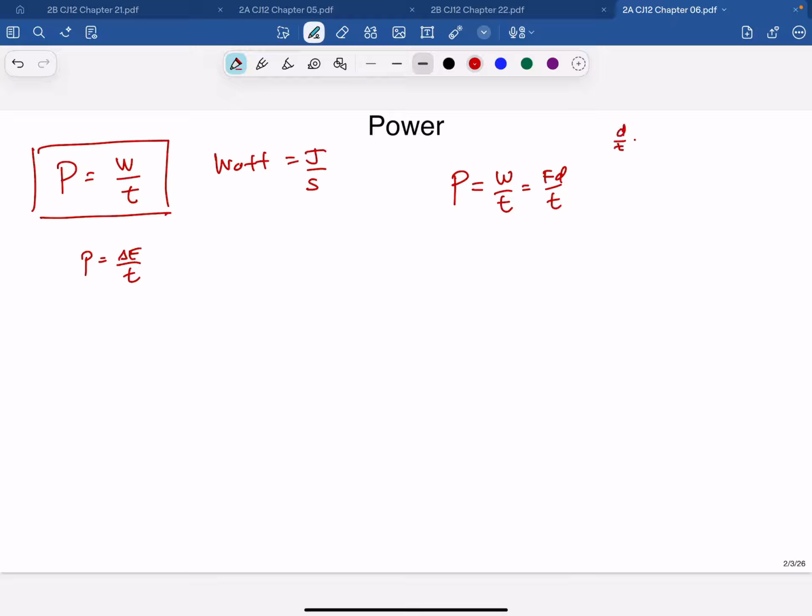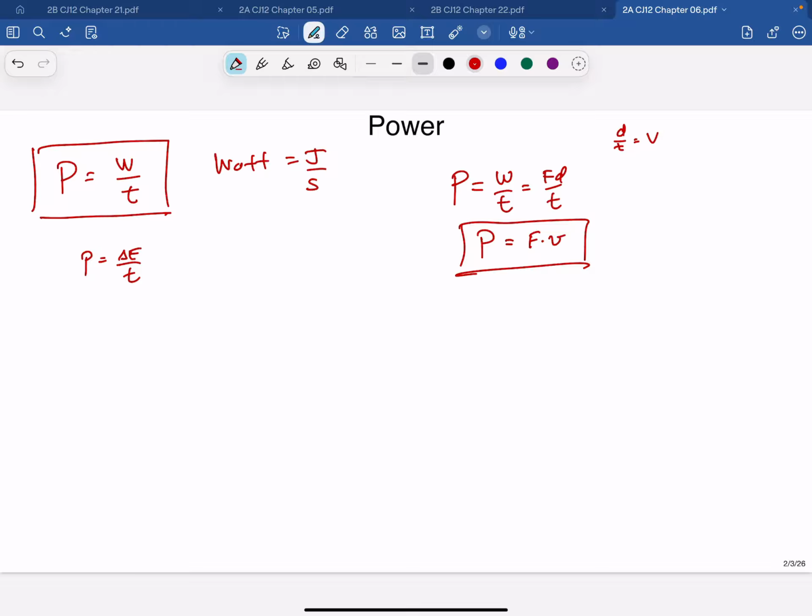It's a velocity, isn't it? So another way to write power is force times velocity. If you know how fast something is going, and you know how much force is required to keep it going at that constant speed, then you can figure out how much power is being consumed.